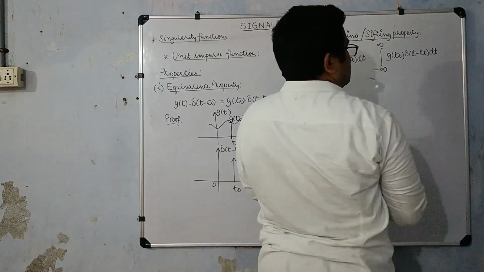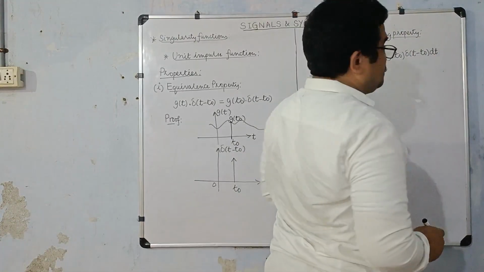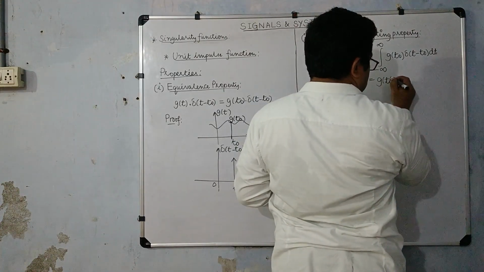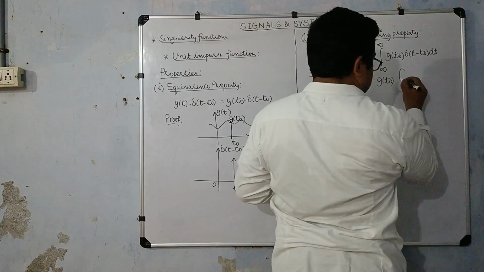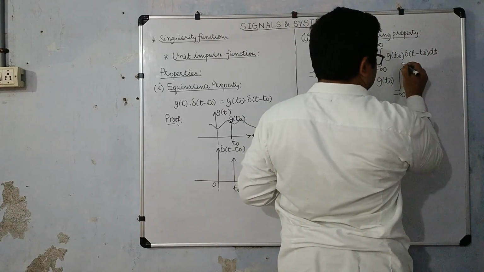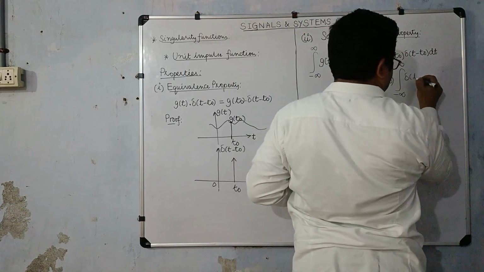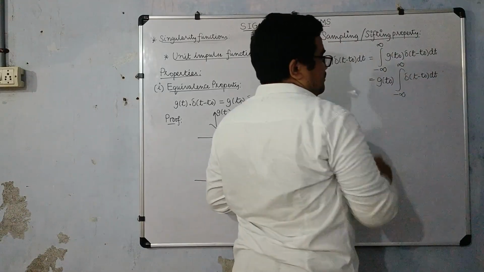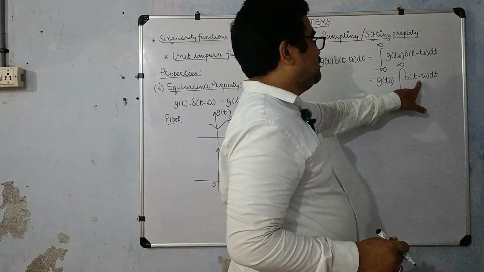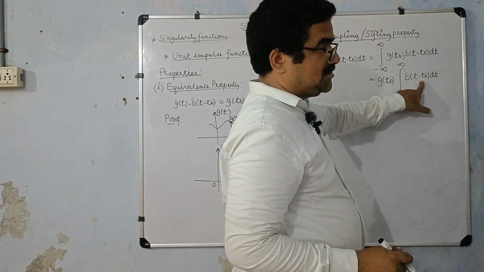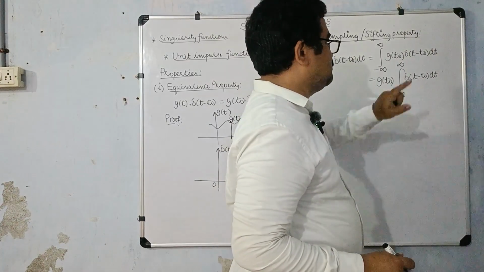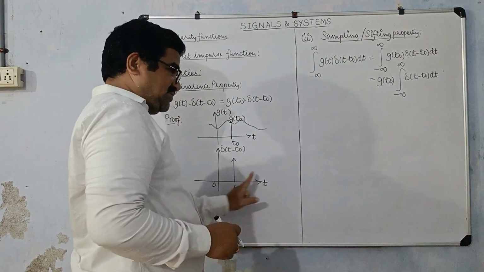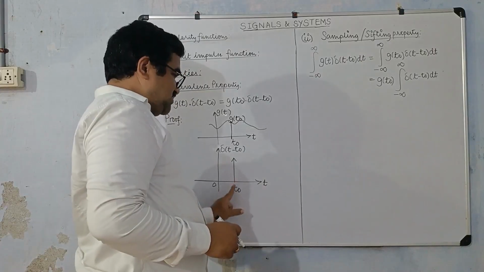So g of t naught is a constant because we are integrating with respect to t. So it is not a variable. So it is taken outside the integration. So integral minus infinity to plus infinity delta of t minus t naught dt. Minus infinity to plus infinity will be covering t is equal to t naught, because the unit impulse is existing at t is equal to t naught.